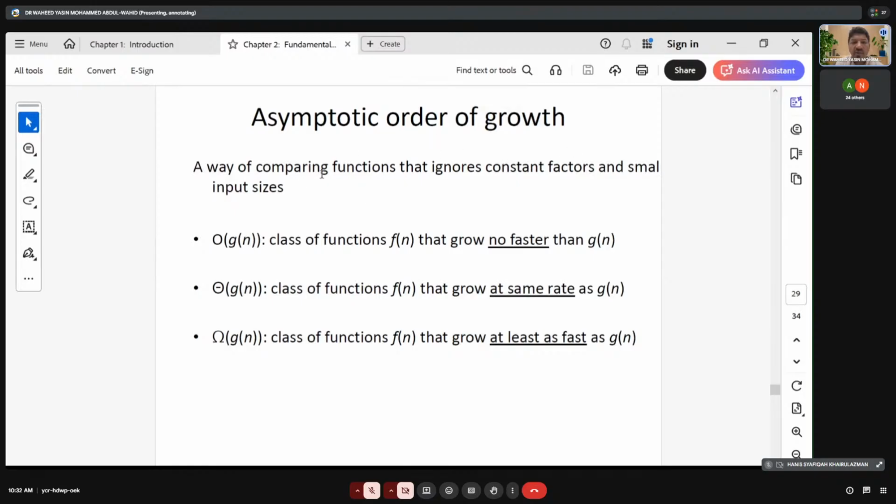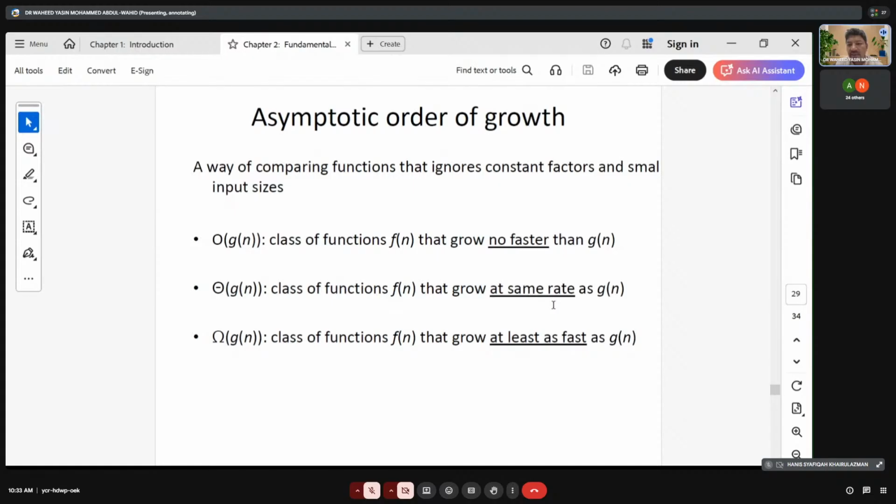Asymptotic order of growth is a way of comparing functions that ignores constant factors and small input sizes. O(g(n)) is the class of functions f(n) that grow no faster than g(n). Theta(g(n)) is the class of functions f(n) that grow at the same rate as g(n). Omega(g(n)) is the class of functions f(n) that grow at least as fast as g(n).